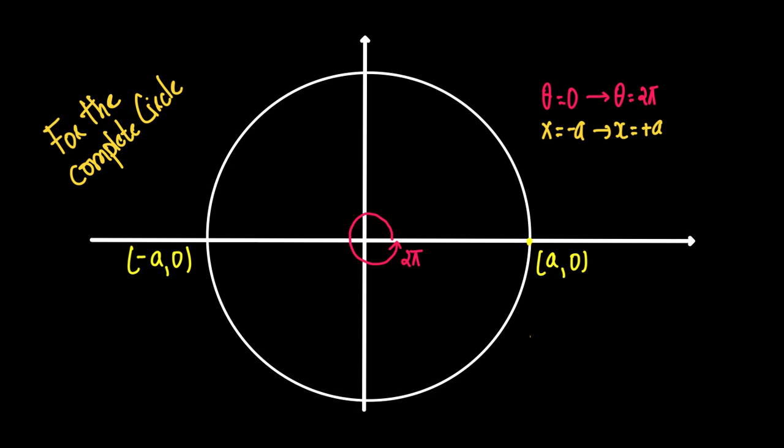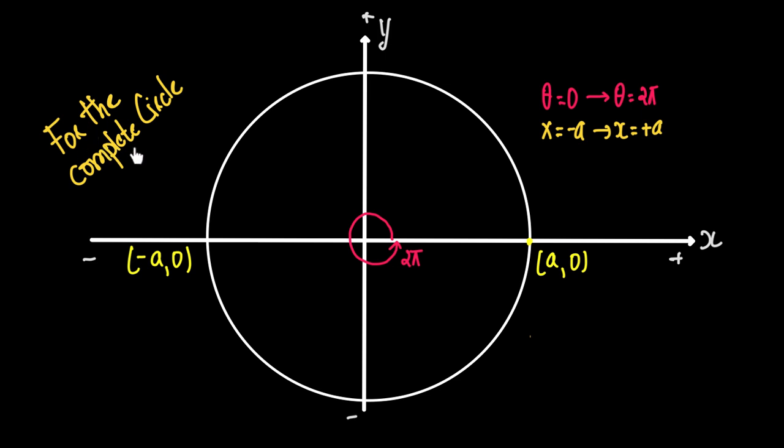First up, we have the variation of theta and the value of x in a circle, which is represented in the Cartesian plane of y and x axis, positive x and negative x, positive y and negative y.